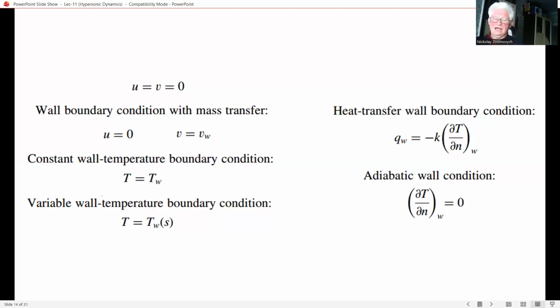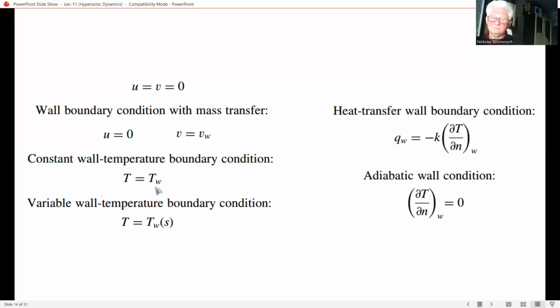If the wall is at a constant temperature, then the boundary condition is simple. The constant wall temperature boundary condition will be T equals T_w, where T_w denotes the specified wall temperature.